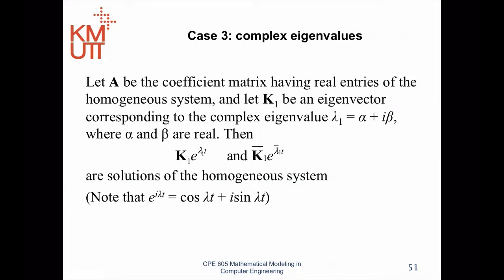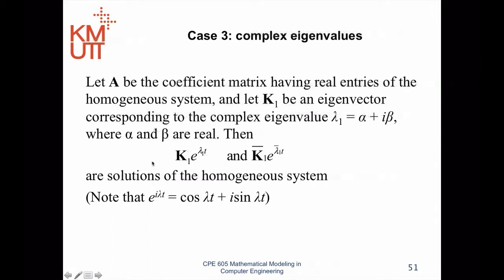Now the last case, when we have complex eigenvalues. We can do this in the same way that we did in the first case, but instead of real values, we would have a complex eigenvalue, lambda 1 equals alpha plus i beta.